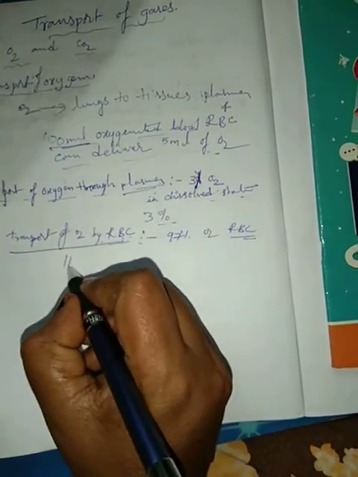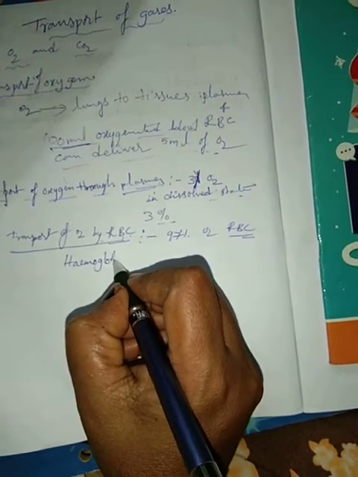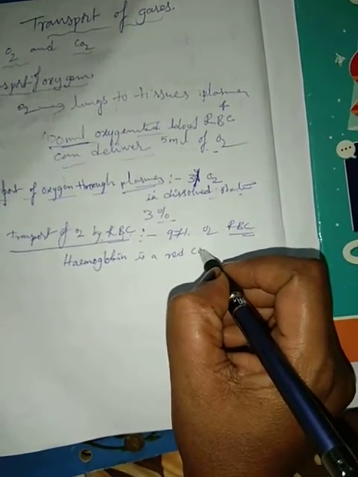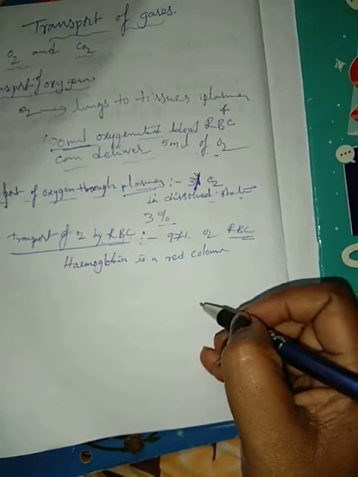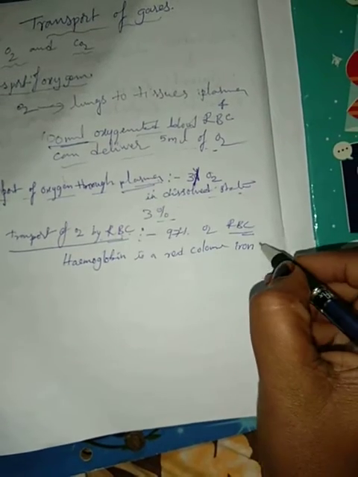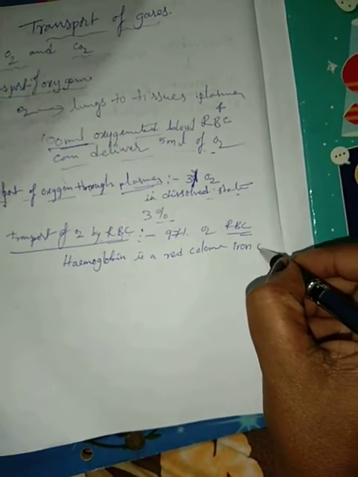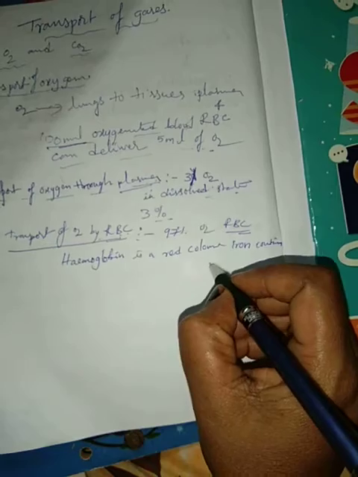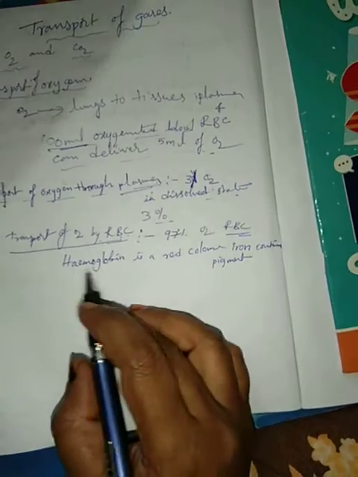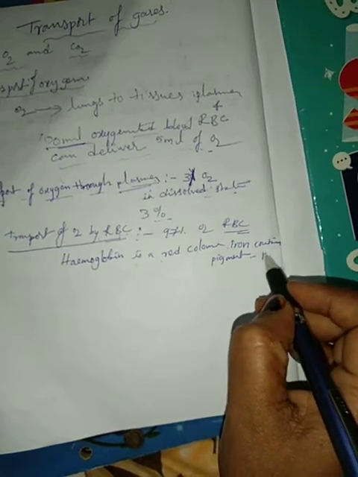RBC contains hemoglobin. Hemoglobin is a red color iron-containing pigment present in the RBC.